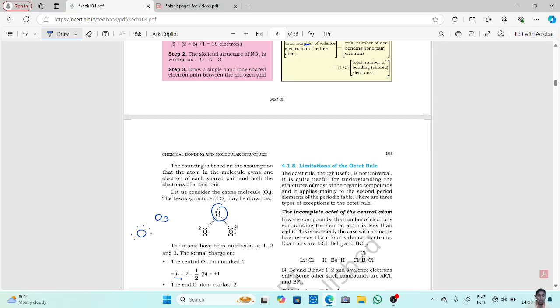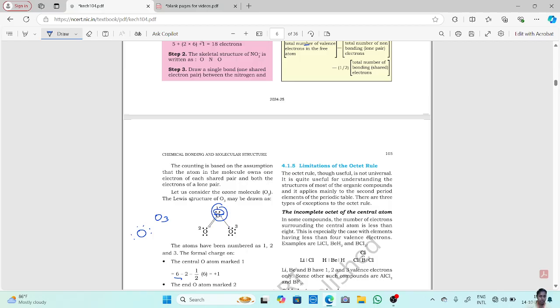So here, how many non-bonding electrons are there? 2 non-bonding electrons, so minus 2, minus half of the total number of bonding or shared electrons. How many shared electrons are there? 1, 2, 3, 4, 5 and 6.